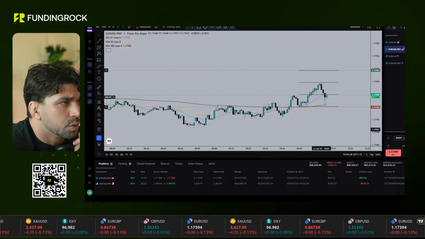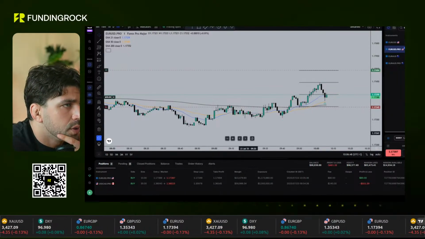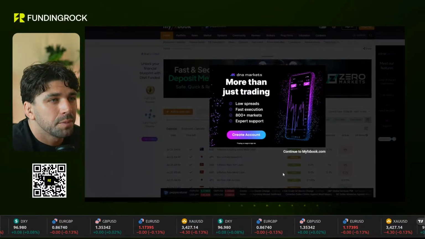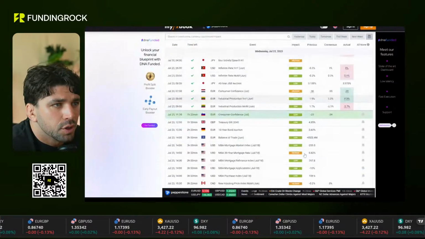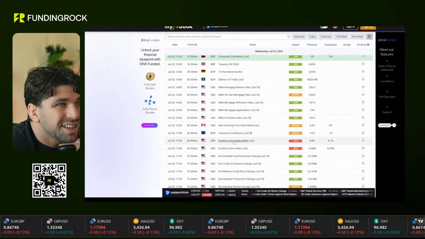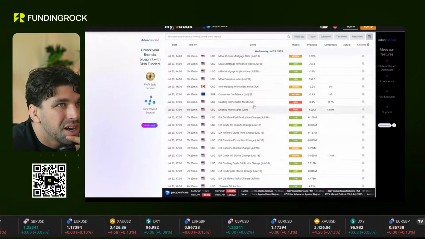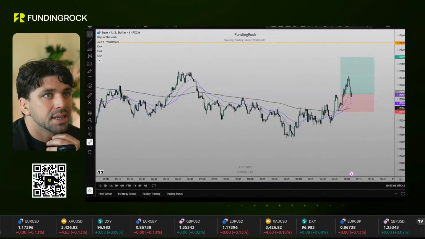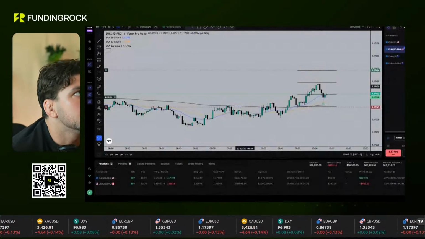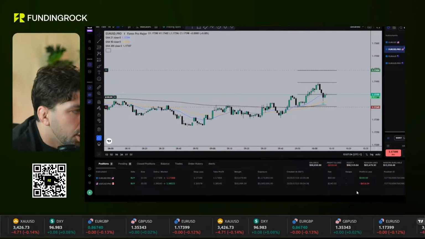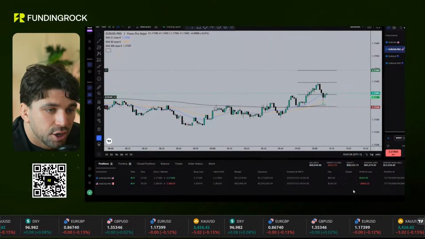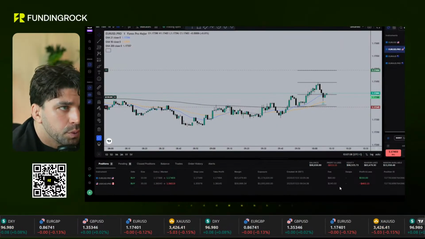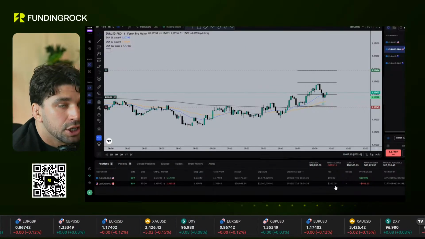So we got two trades. We got the Euro USD, we got the USD CAD. Nothing really coming up on the news, to be honest. I don't think this is gonna do much. Other than that, I think it's clear sailing. So this is the two trades: a USD CAD long and a EU long.